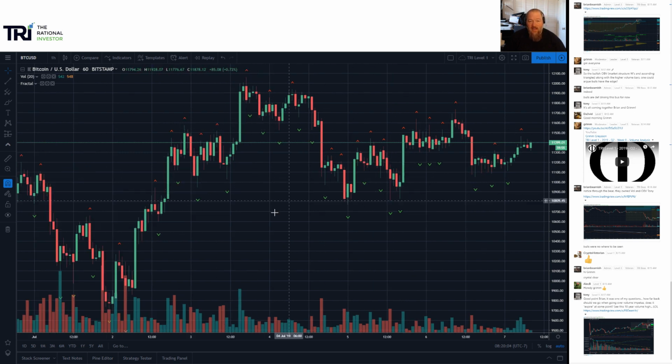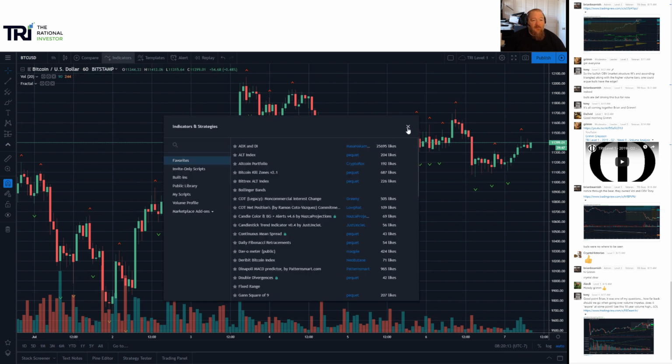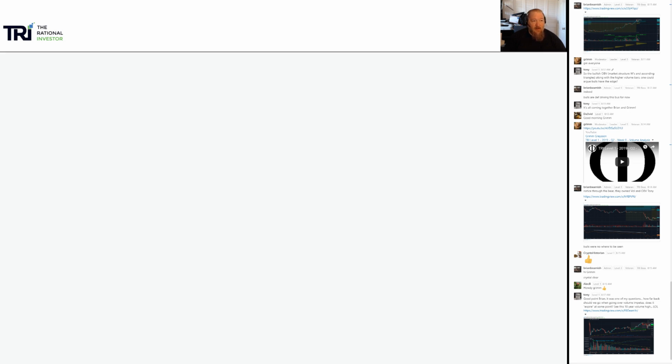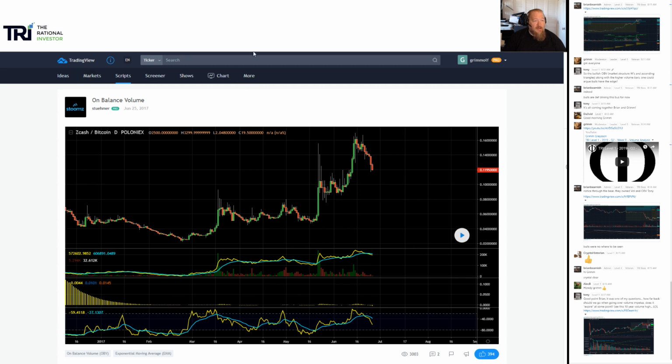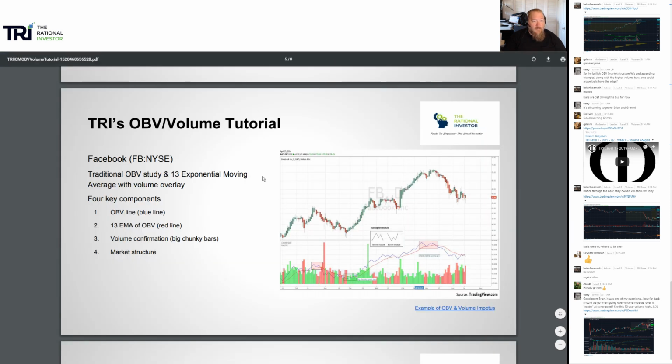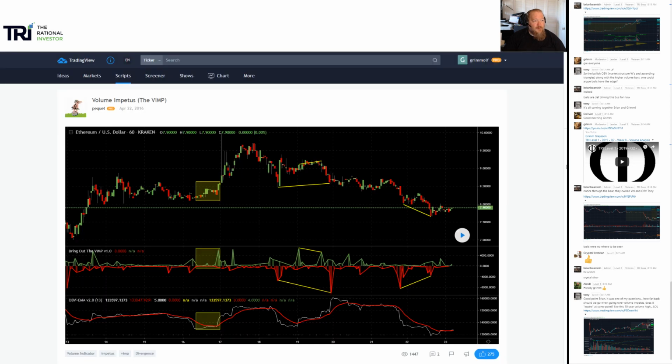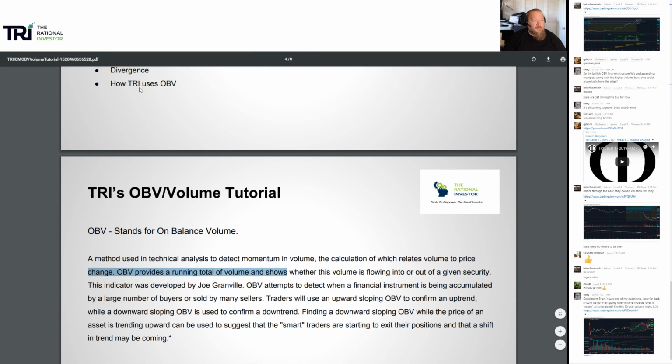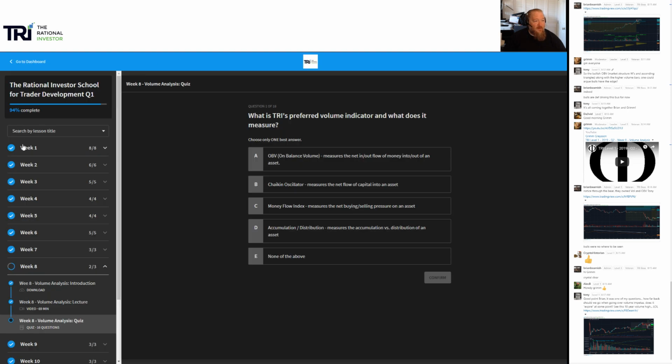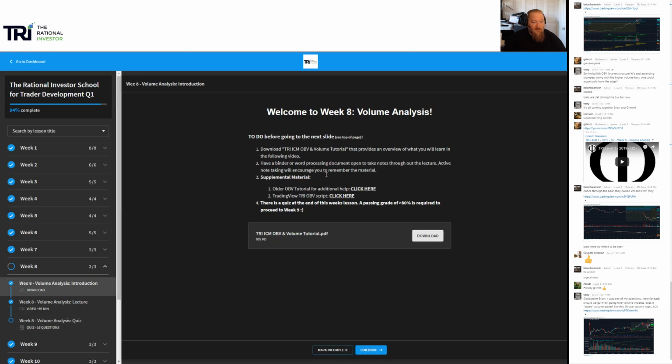One of the questions that came up in the Q&A document was what the chunky bars were. For that, we're talking about volume, right? We've got a couple of different indicators that can be used here. We provide you a link at the beginning of the class to the OBV script.